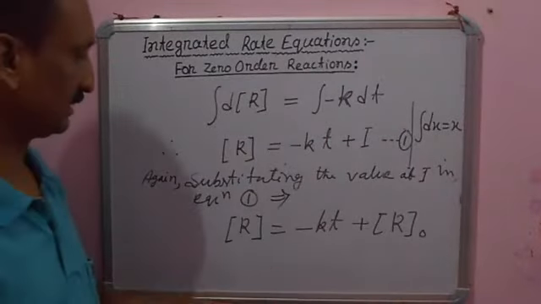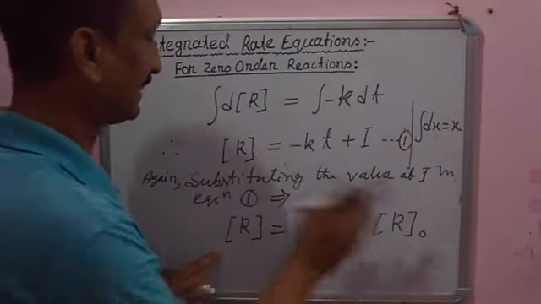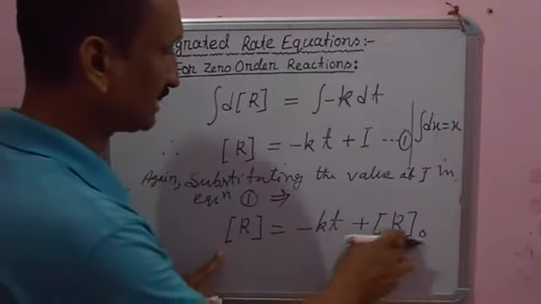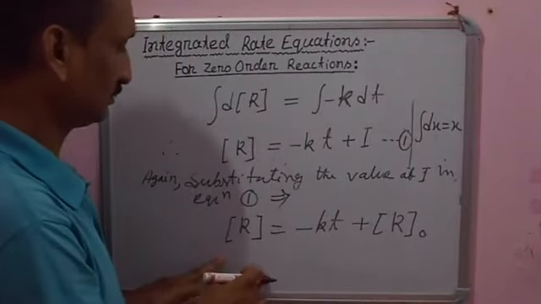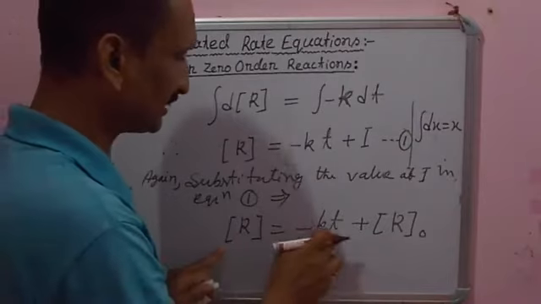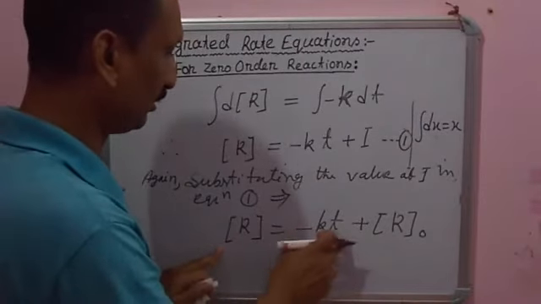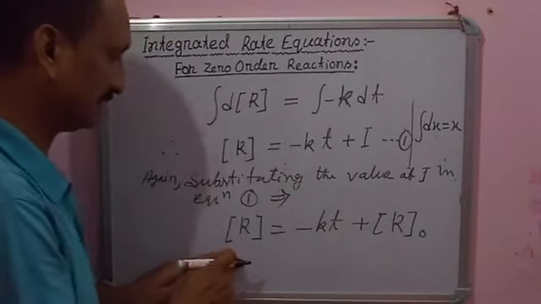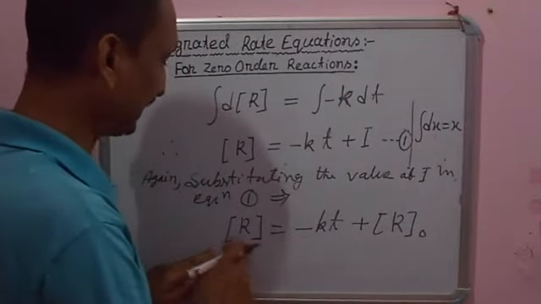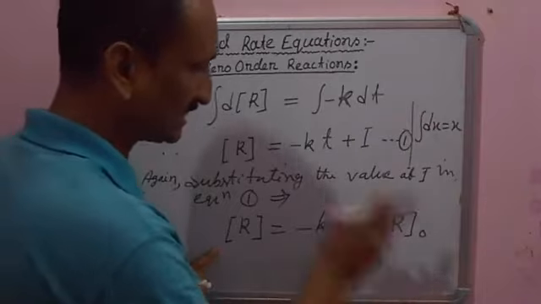Now you see, this is an equation of a straight line, that means y equals mx plus c. If you plot the concentration of reactant versus time, that is [R] versus t, we will get a straight line, because it is an equation of a straight line like y equals mx plus c.